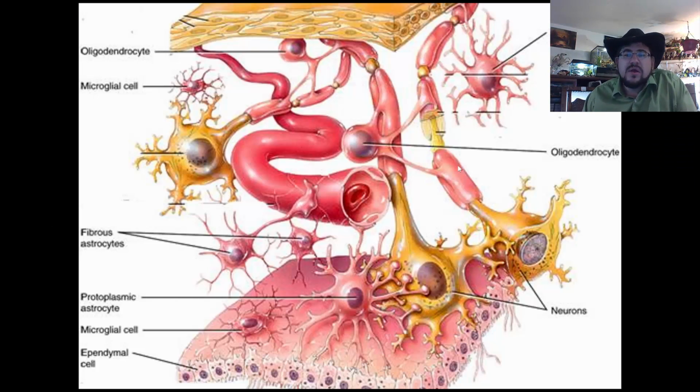Then here we have a nice image of the glial cells protecting your brain. So we can see all these little oligodendrocytes connected up to axons here. Then we have these little astrocytes along here, and they're just providing support and nourishment. And you can see here, here's a blood vessel.